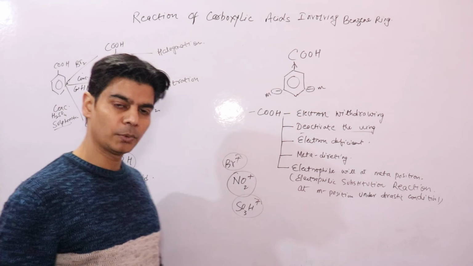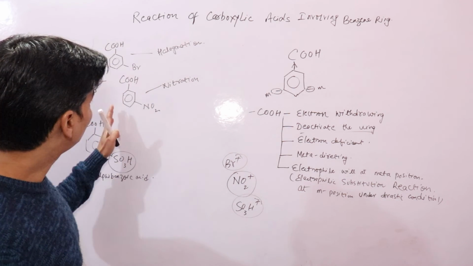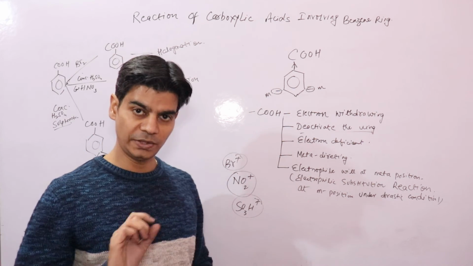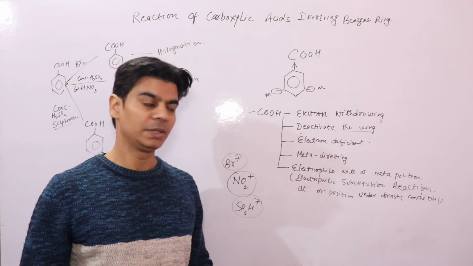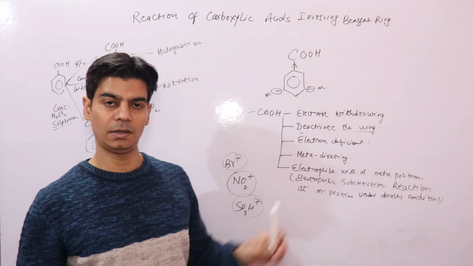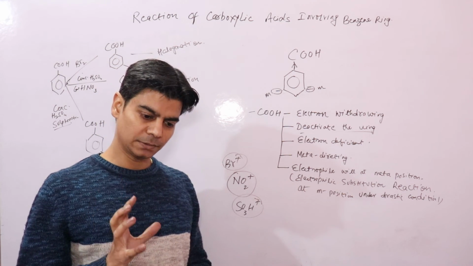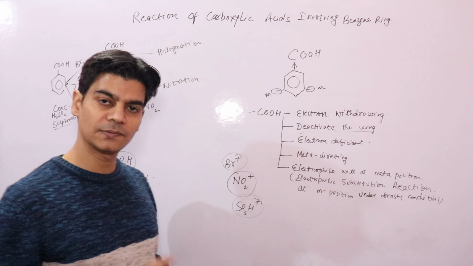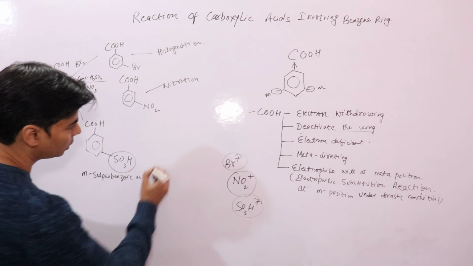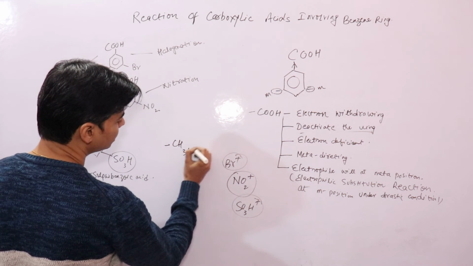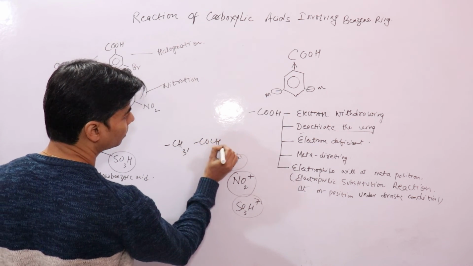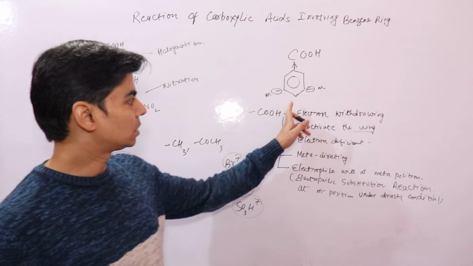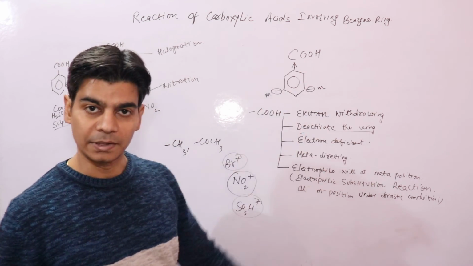And there is one more important thing. Benzoic acid will not undergo the Friedel-Crafts reaction. Why? Because the ring is deactivated to such an extent that introduction of a methyl group or acyl group will not happen. In Friedel-Crafts reaction, you introduce a CH3 group or COCH3 group to the benzene ring.